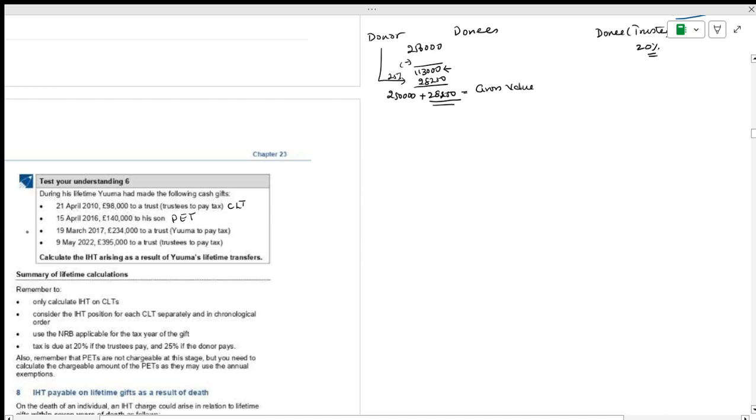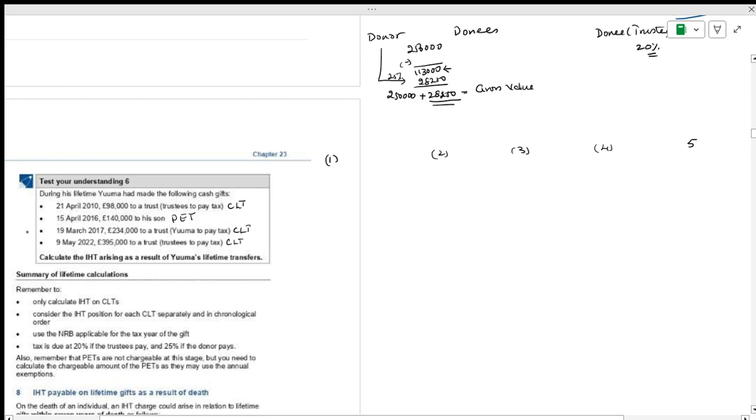The third one is CLT. The fourth one is CLT also. Now see the dates, that's very important. I am putting column 1, column 2, column 3, column 4 and column 5. It will be easy for us to identify.